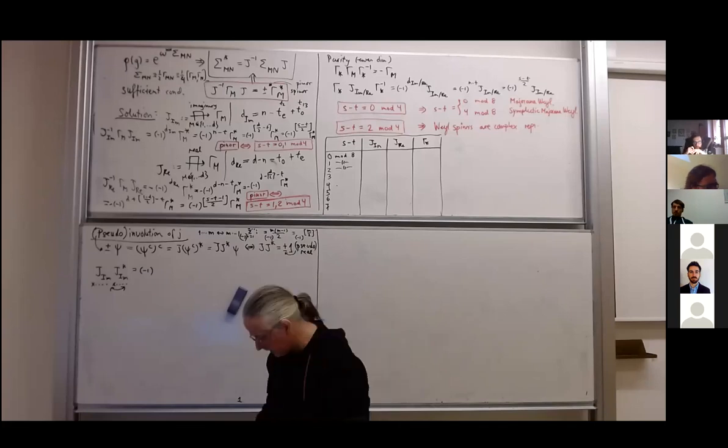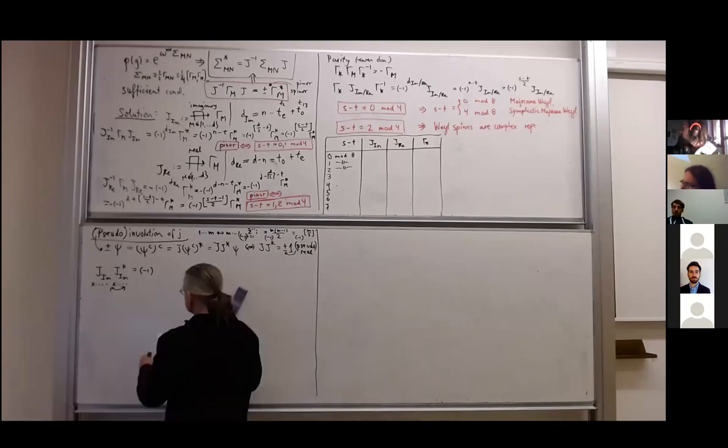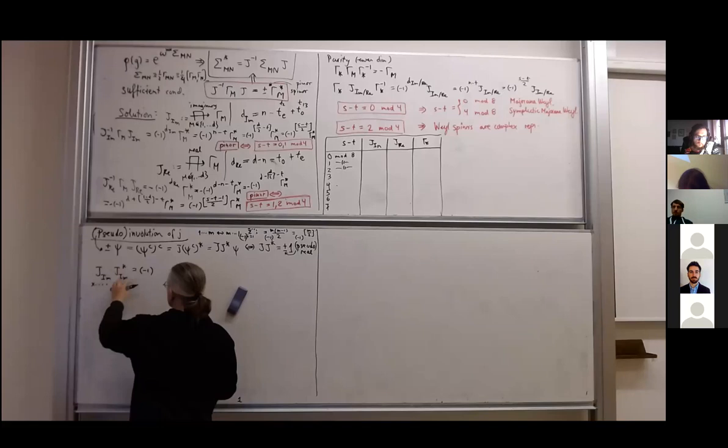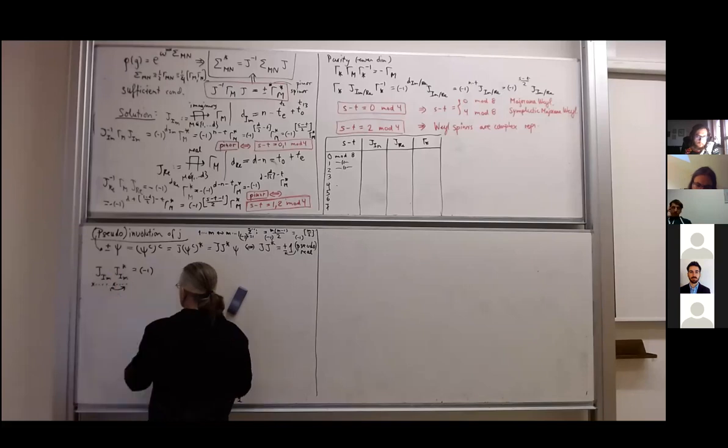So what we get is that the idea is now that I'm turning around half of these, so I get the same kind next to each other. And that costs me a factor.